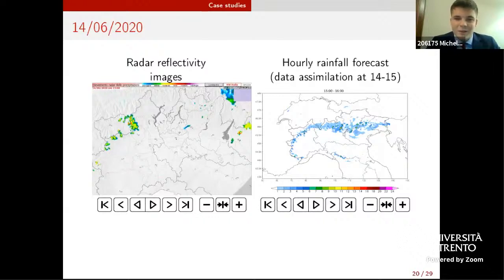Sometimes you can improve the forecast using a different time window, and sometimes it was not possible. Okay, thank you.